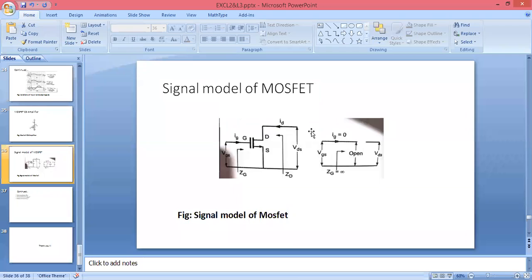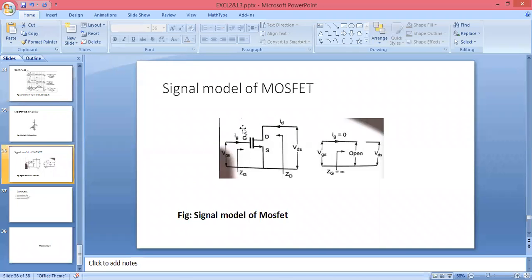The ID current will go through the drain, and you can see this is the Z. This is called the transconductance. First of all, when we are not giving any VGS, equal to 0 volt, at that time what will we get? We will get the value of IG equal to 0.